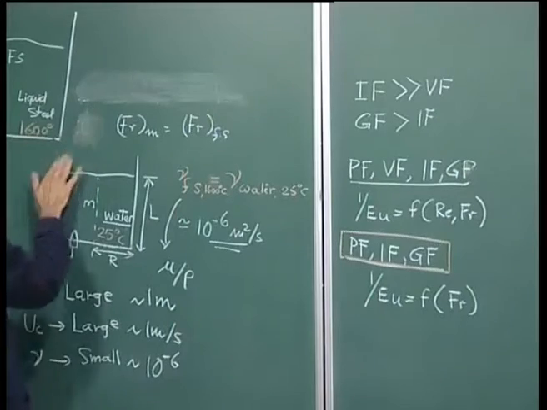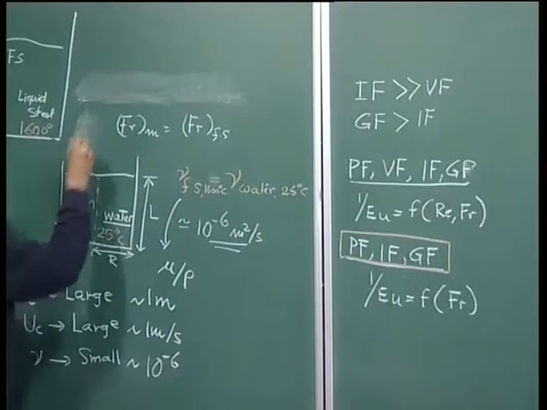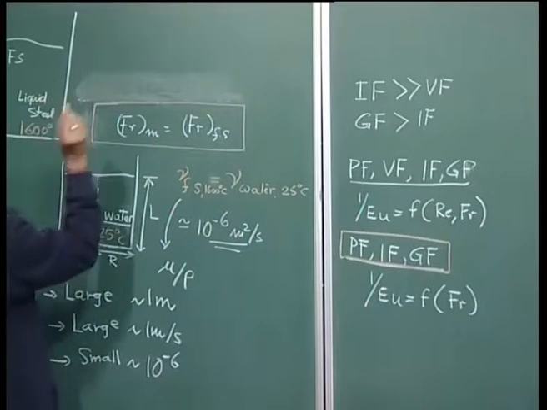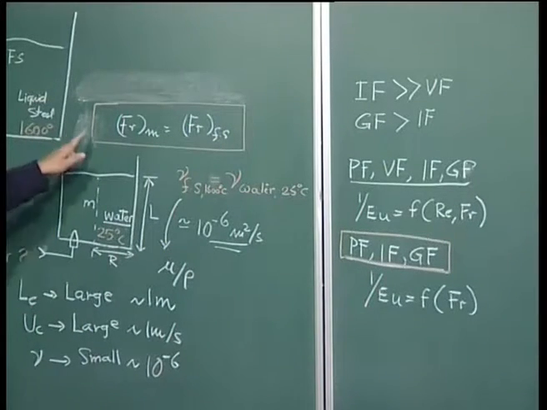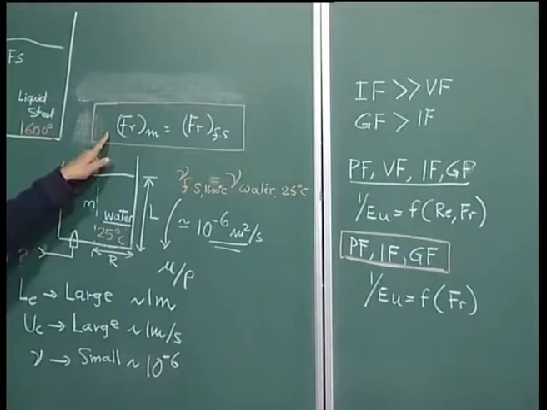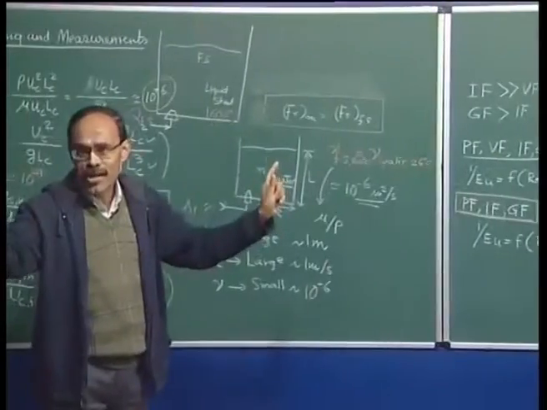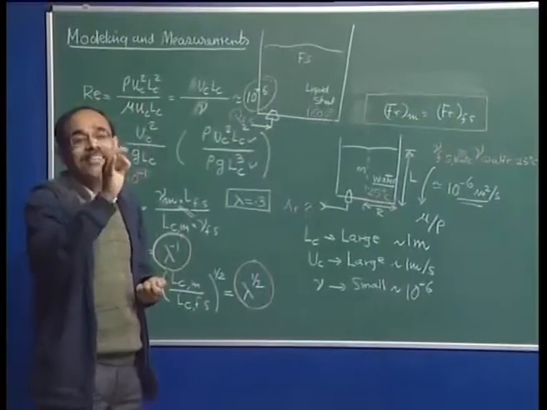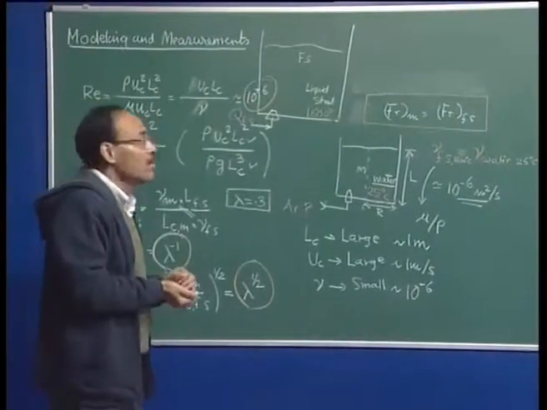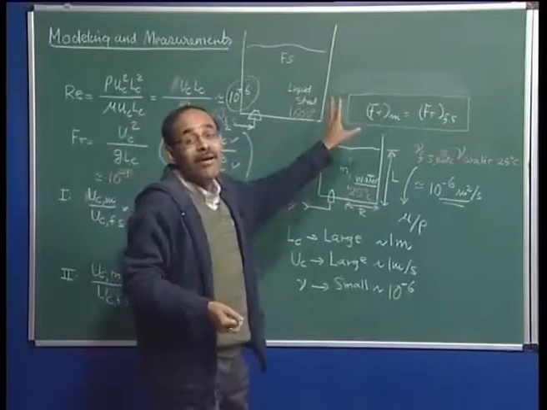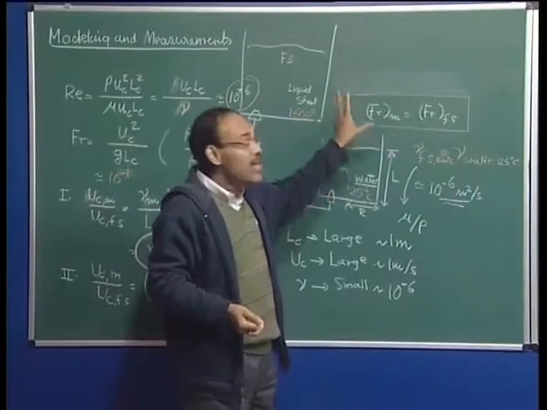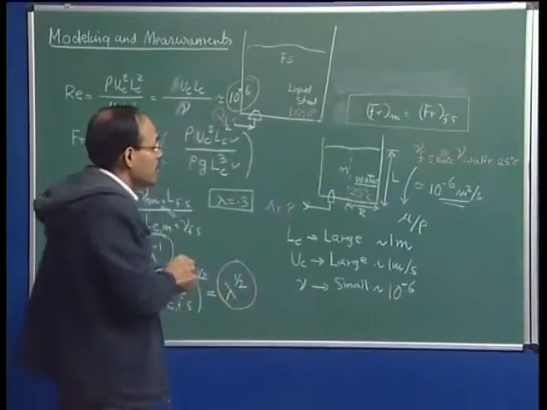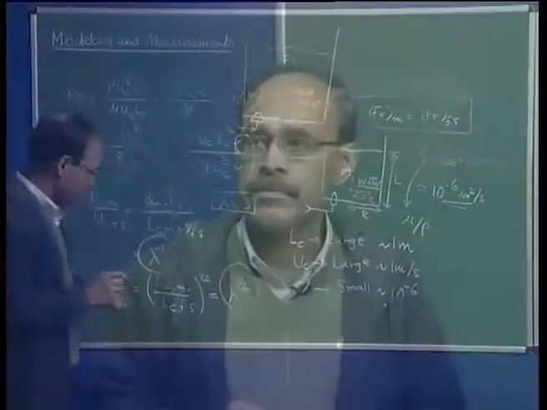Hence we can consider that the dynamic similarity of steel making systems is going to be defined only by this single criteria, provided surface tension and other forces are not relevant. So, we will make this assertion that steel making systems are Froude number dominated systems. They are systems dominated by inertial as well as gravitational forces.